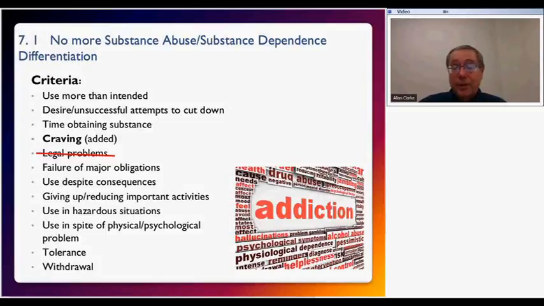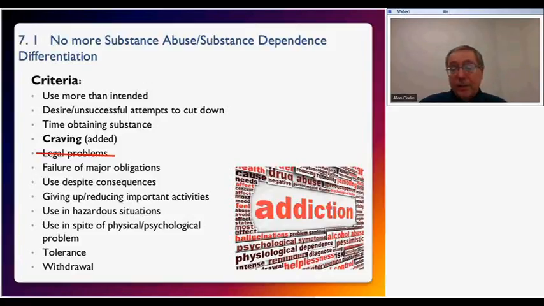In one country, you might have police out all the time catching drunk drivers, and in other places you might not. So it didn't really make sense that how often you got caught was indicative of whether you had a disorder or not. In its place, they've added the criterion of craving.